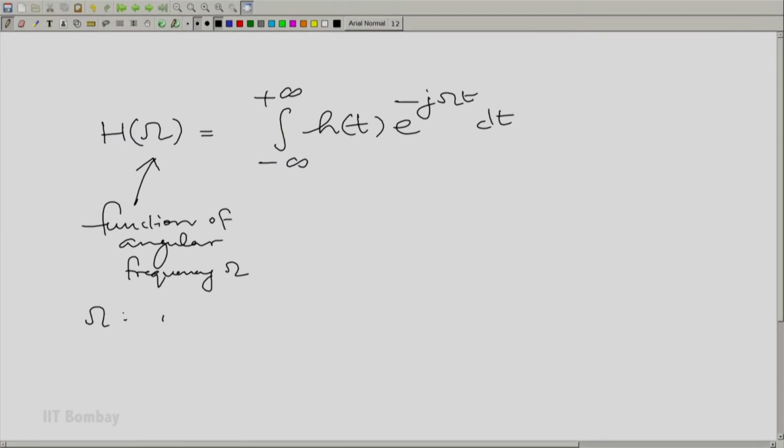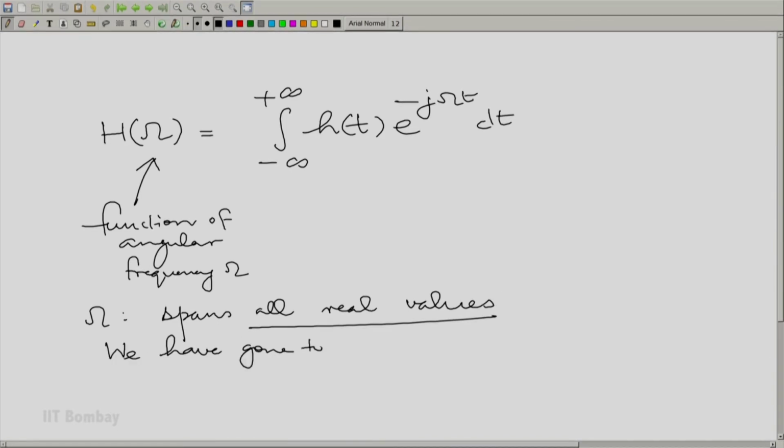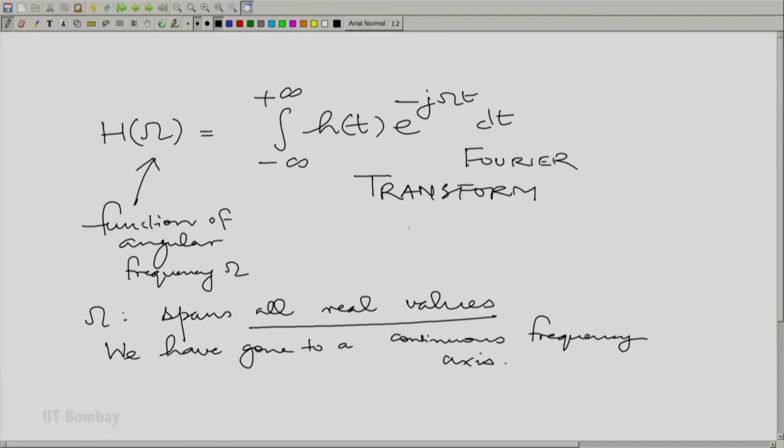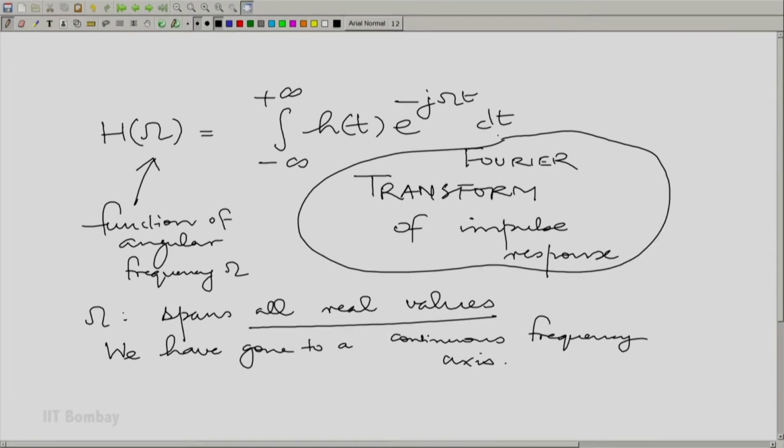Here omega spans the entire real axis. So, essentially we have gone to a continuous frequency axis, and therefore, this is like a transform. It is a transform of the impulse response, and in fact, we shall give it a name. Obviously, we will call it the Fourier transform of the impulse response.